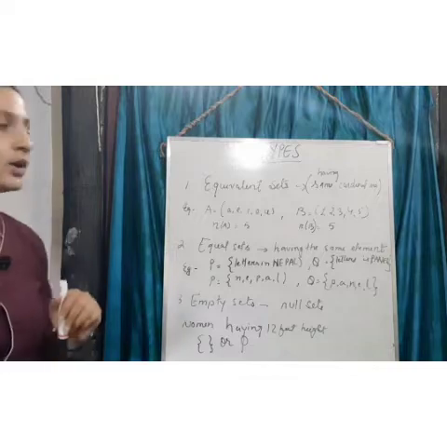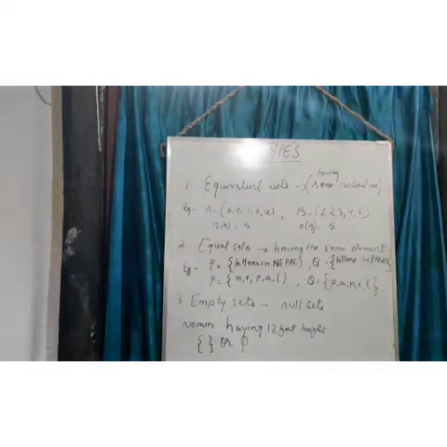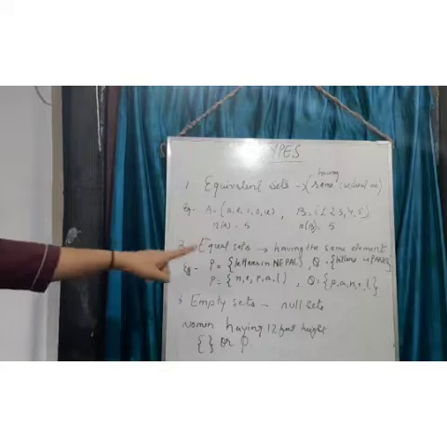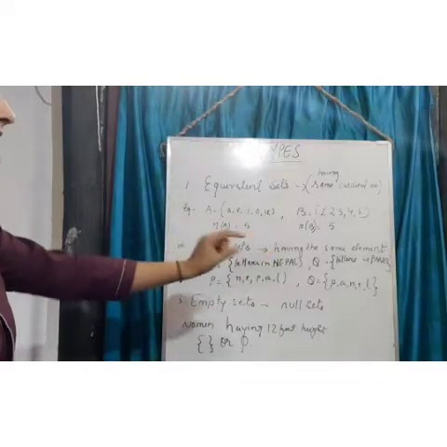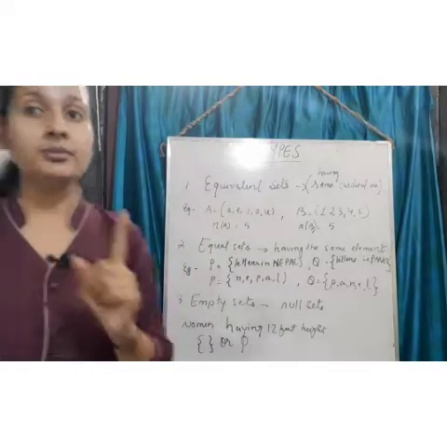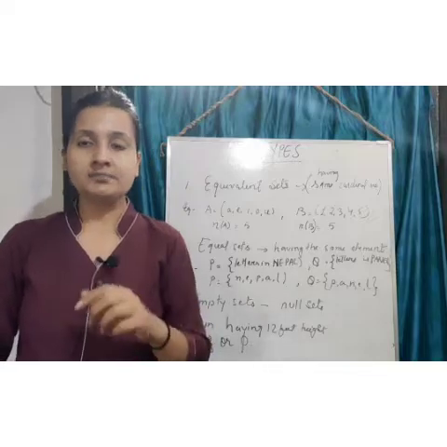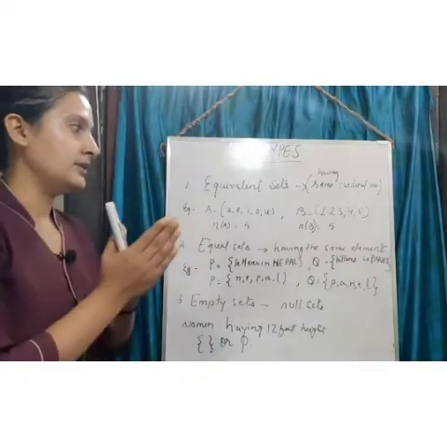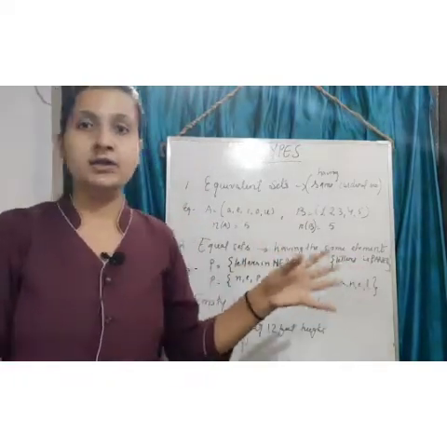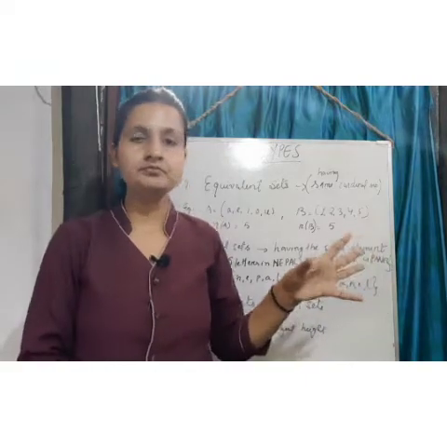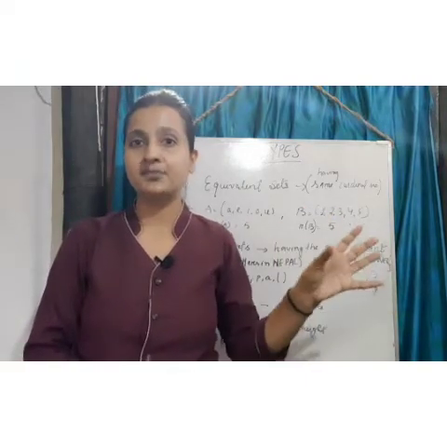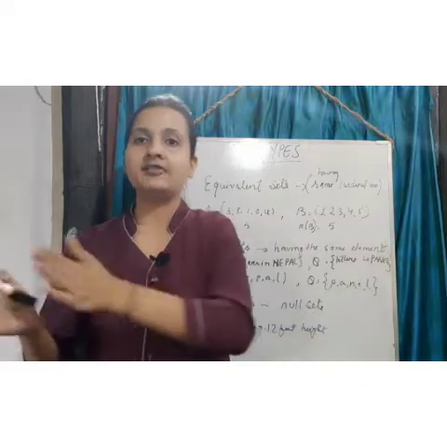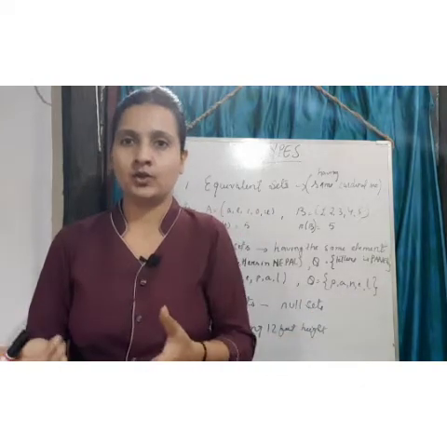Then comes the equal set. Equal sets have the same elements. See, the elements should be the same. It is not about the numbers, it is about having the same elements. Suppose one set has an apple and the other set has a mango.